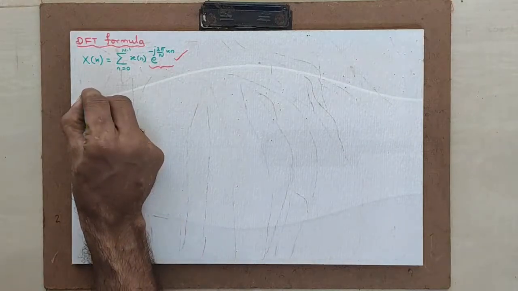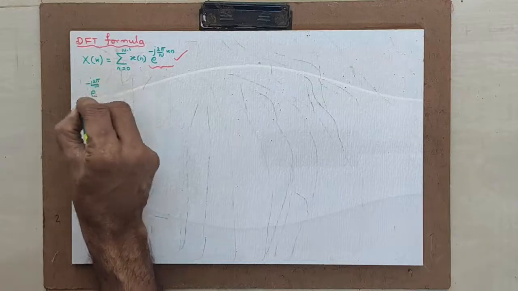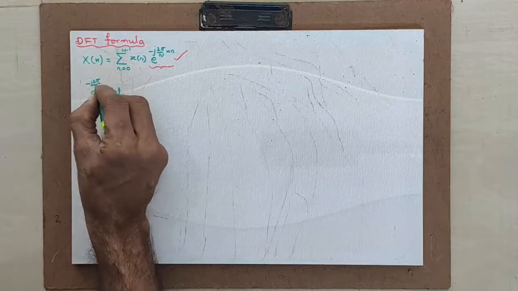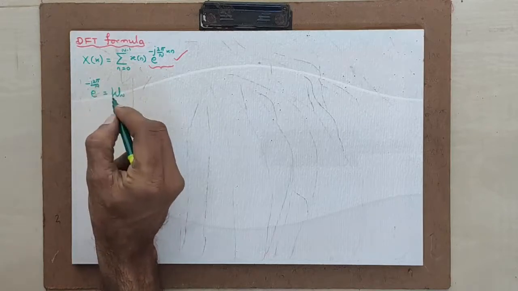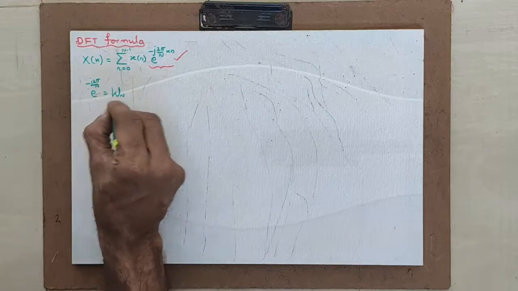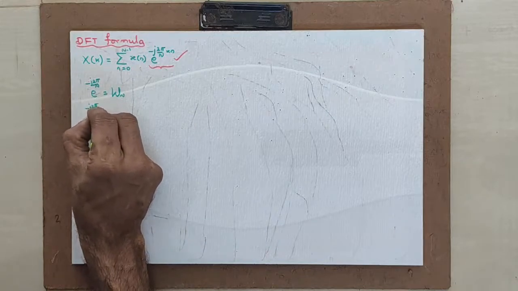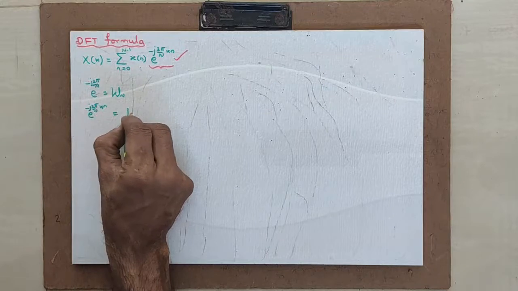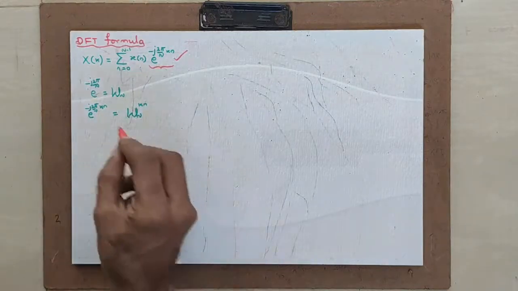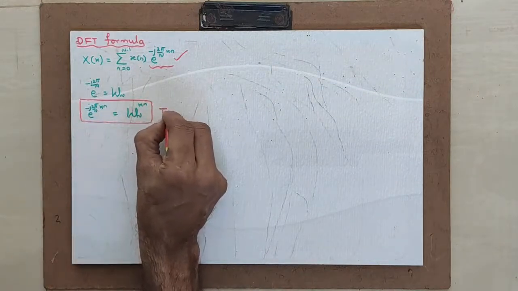That means the factor e raised to minus j 2 pi by n, I took it as Wn, and e raised to minus j 2 pi by n into kn, that I converted into Wn raised to kn. I took this as Wn raised to kn. Hence, this is called the Twiddle factor.